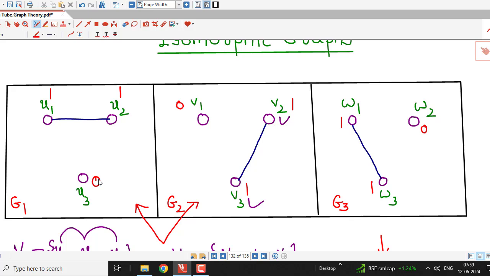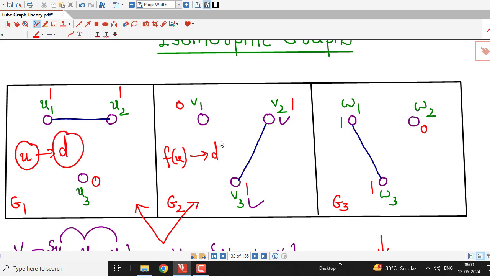Those properties are: first, the number of vertices must be the same in two graphs; the number of edges must be the same in two graphs; and if some vertex u has degree d, then f of u, that is the image of u, must have degree d in the other graph.